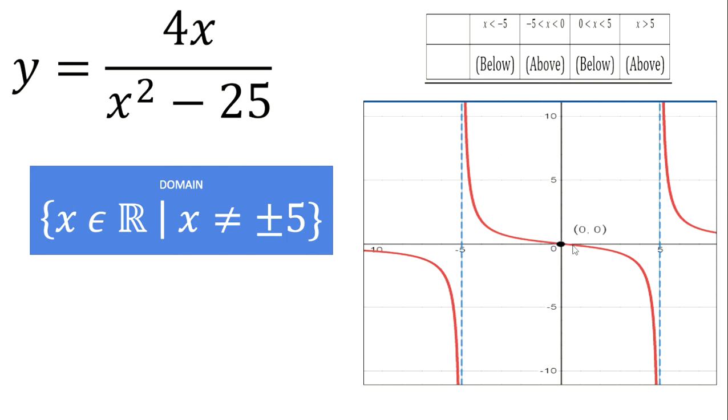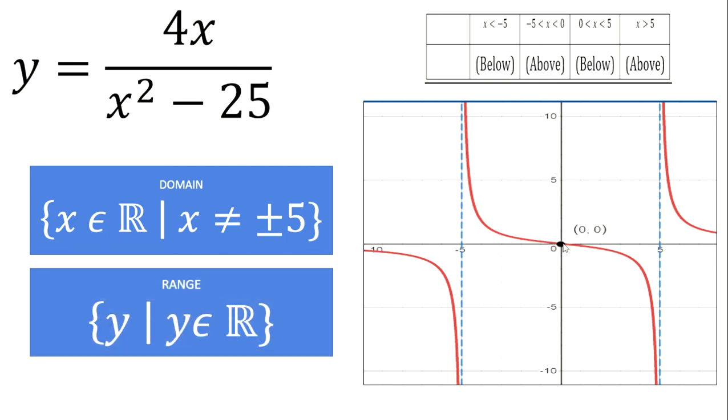So if you recall, our horizontal asymptote is y equal to 0. But as you can see, there's a point here, so it's included.